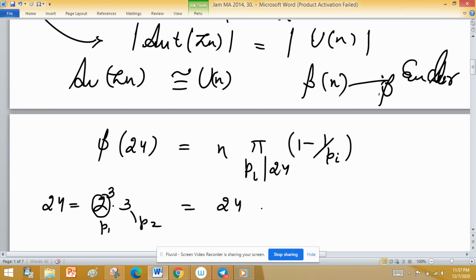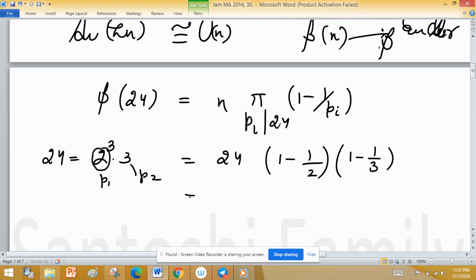So the product will be 1 minus 1 upon 2 and 1 minus 1 upon 3. It means 24 times 1 upon 2 into 2 upon 3. 2 3s are 6 and 6 4s are 24, 4 2s are 8. It means the total number of isomorphisms is 8.